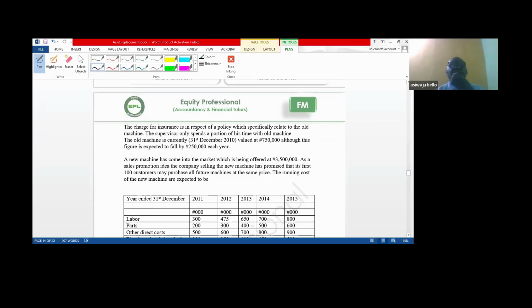Supervisor only spends a portion of his time with the old machine. The old machine is currently valued at 750. As at now, the machine is worth 750, although this figure is expected to fall by 250 each year.